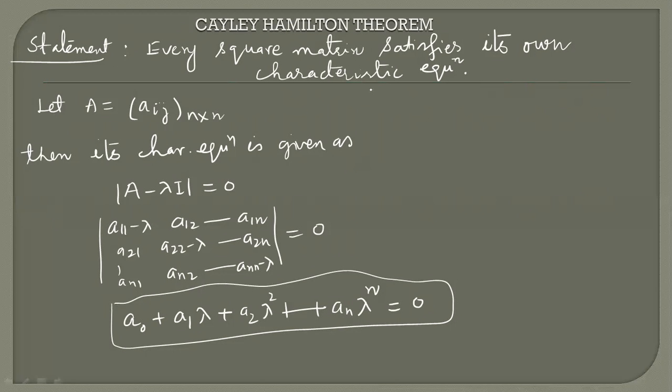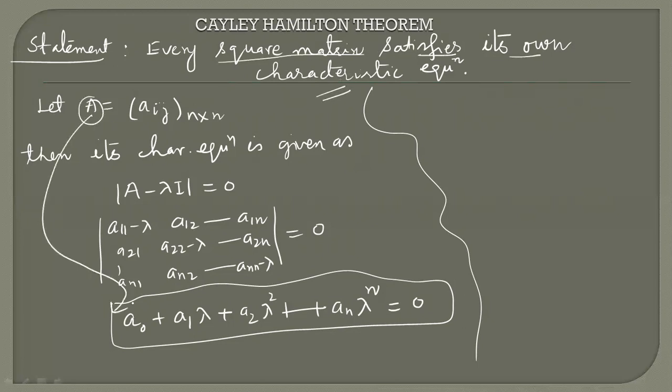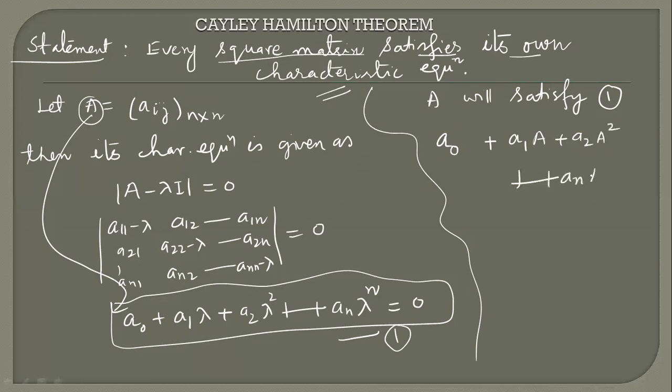And now use the statement of Cayley-Hamilton theorem. What is the statement? Every square matrix satisfies its own characteristic equation. It means this matrix A will satisfy this characteristic equation 1. Then it will be a0 plus a1 A plus a2 A square plus up to an A to the power n equal to the zero matrix.